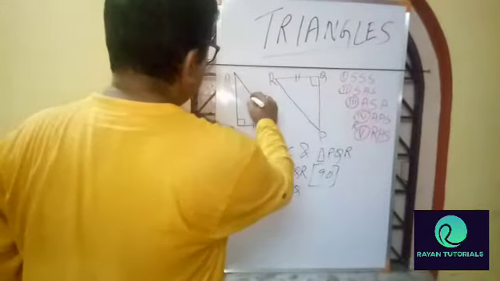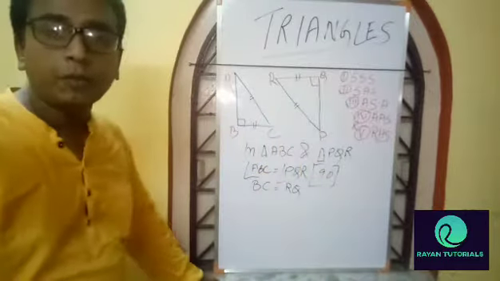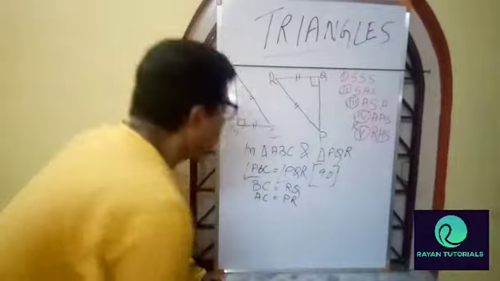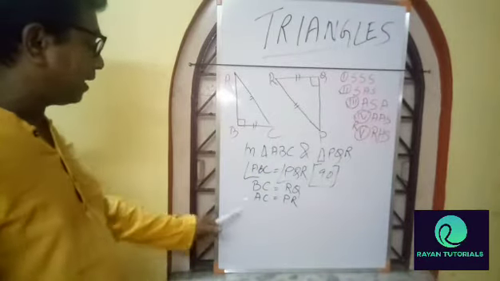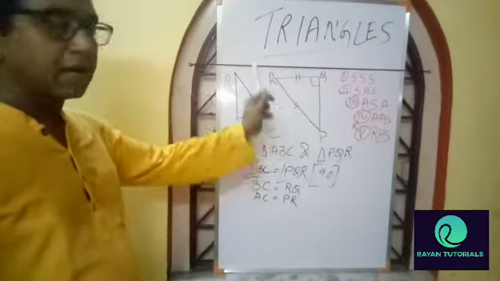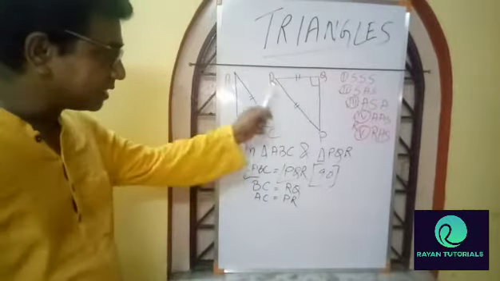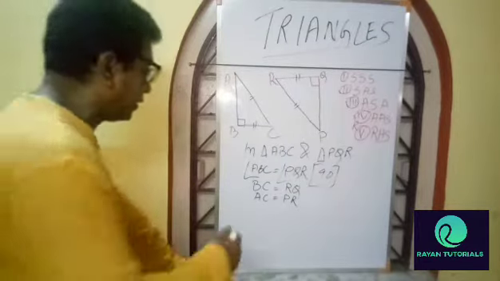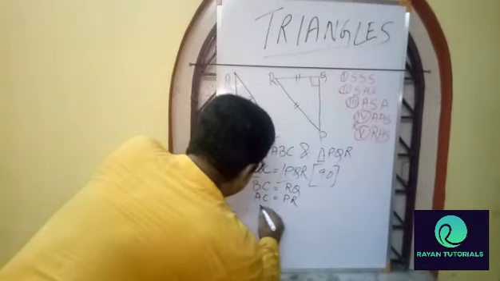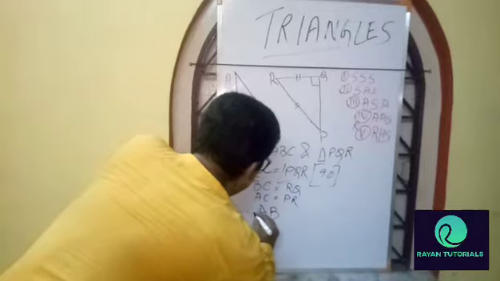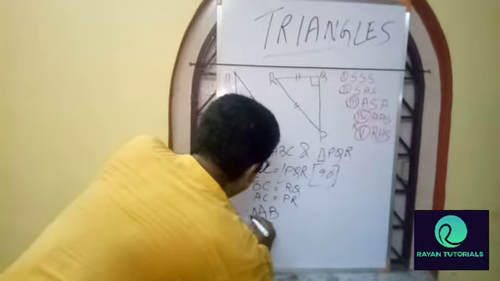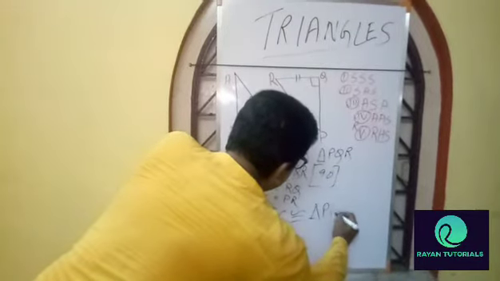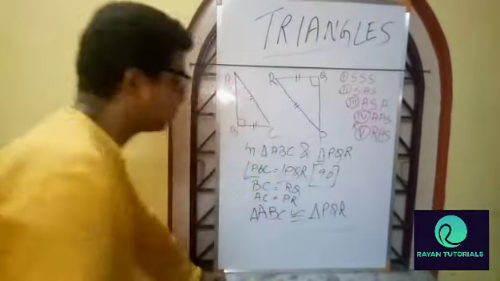And it's given that AC is equal to PR. That is right angle, hypotenuse. What are AC and PR? Hypotenuse. So AC and PR are the same. So right angle, hypotenuse, side. Therefore we can say triangle ABC is congruent to triangle PQR.